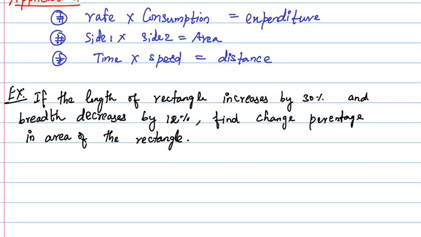Read the problem. If the length of a rectangle increases by 30% and the breadth decreases by 12%, find the change percentage in area. How to do this? Here I have taken x as positive, because the length increases by x%, and the breadth decreases, so I have taken this as minus y.